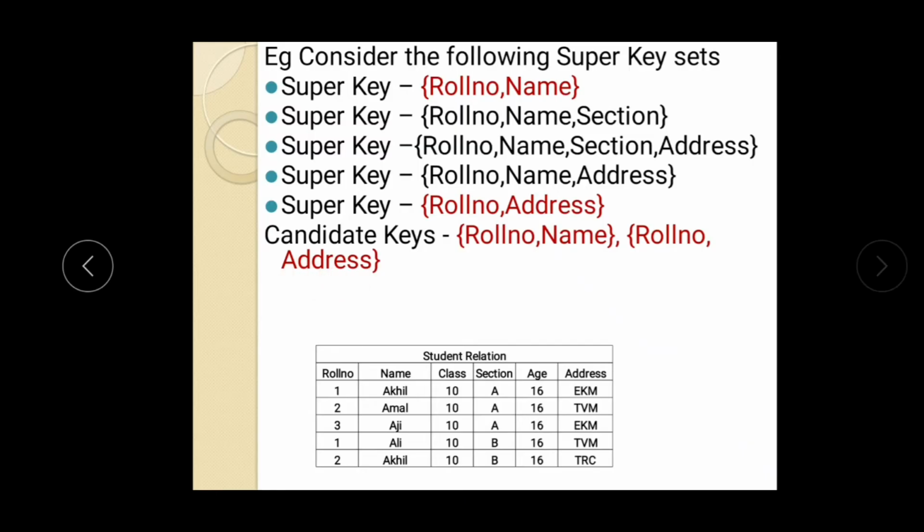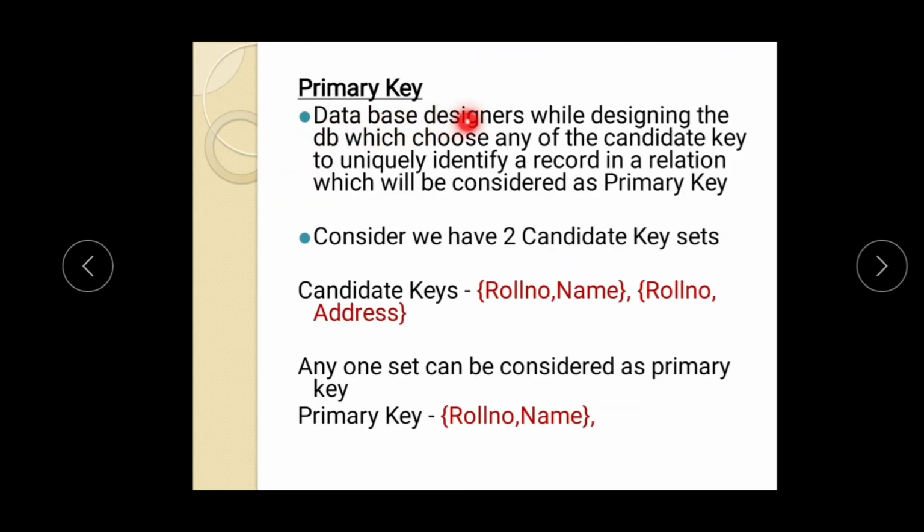Clear? So such a key is called the primary key. While designing a database, the designer will choose any one of the candidate keys to uniquely identify a record in a relation.